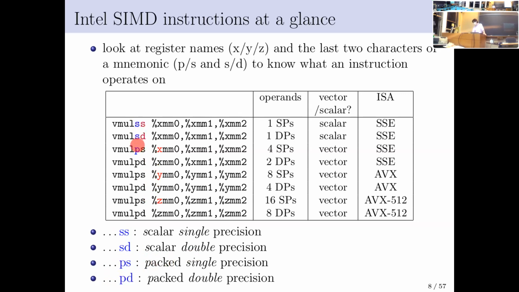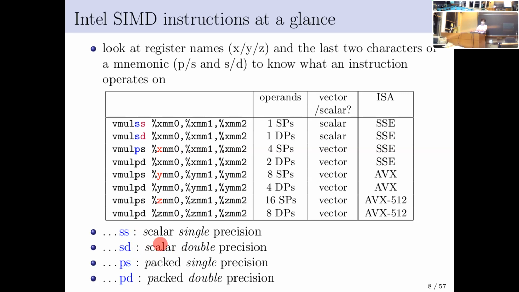So the distinction between S and P is huge. P is a SIMD instruction. And the last character stands for the type of value the instruction operates on. S is single precision, and D is double precision.